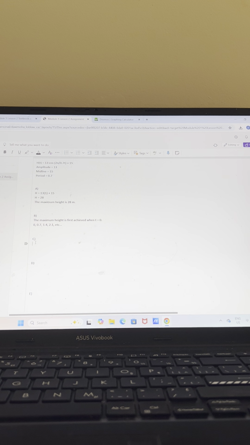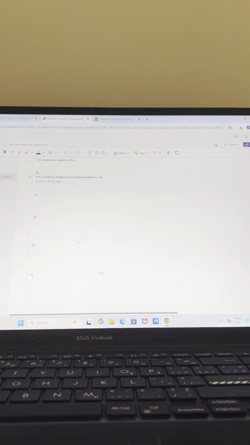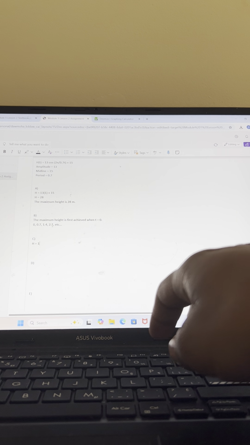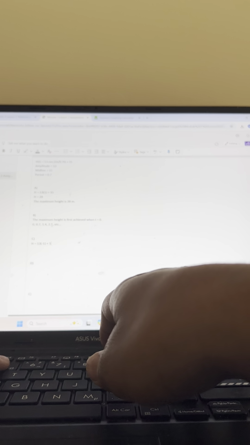Okay, moving on to question C. What is the minimum height of the point? The minimum of cosine is going to equal -1. Using this, we're going to use our function and substitute: 13 times -1 plus 15.